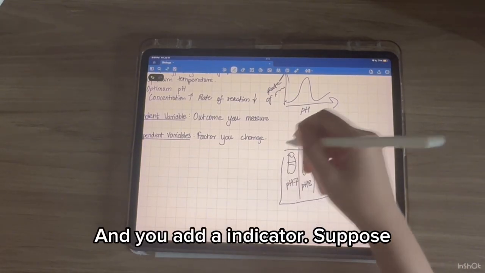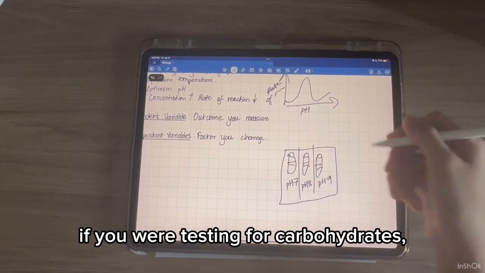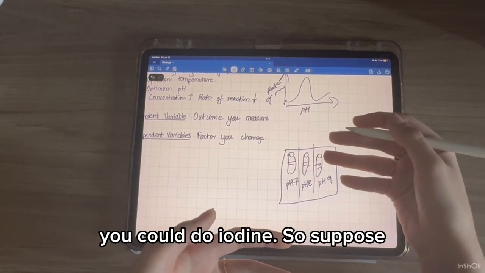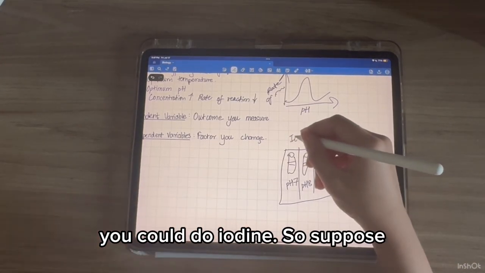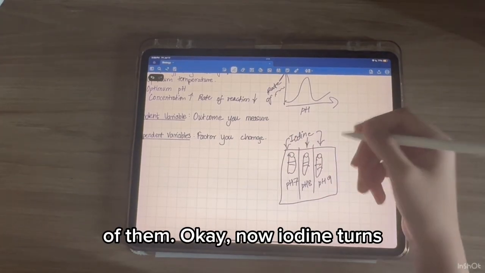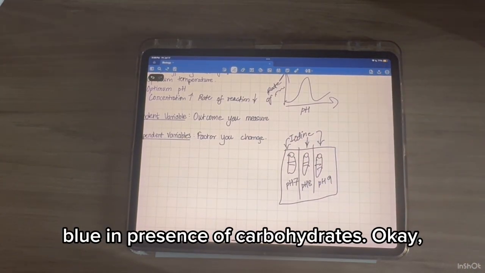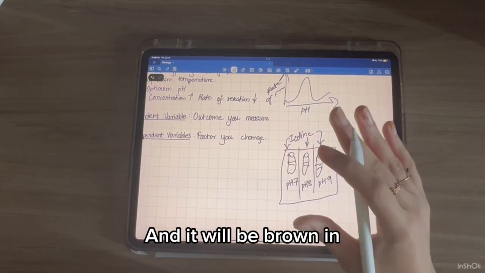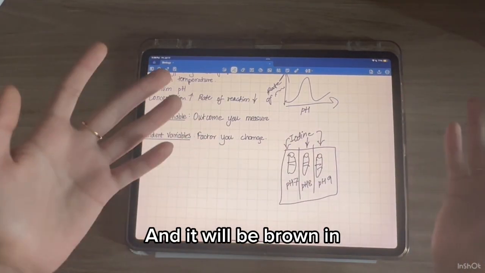And you add an indicator. Suppose you were testing for carbohydrates, you could use iodine. So suppose you add iodine test into each of them. Now iodine turns blue in presence of carbohydrates, and it will be brown in presence of nothing.